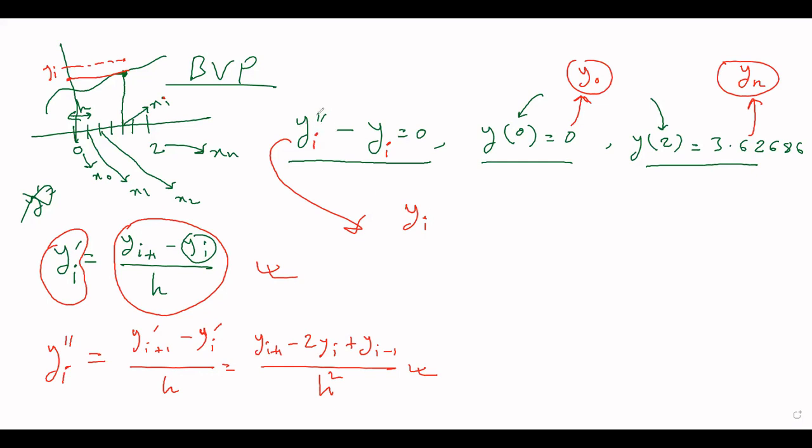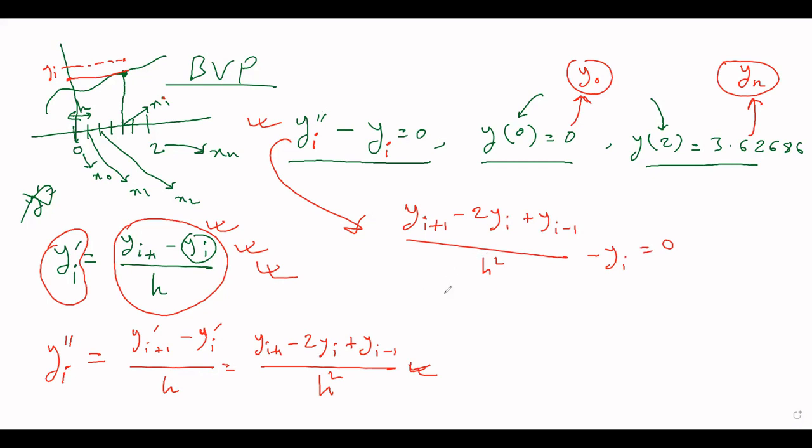If you replace yi double prime by the formula we just wrote, we get (y i plus 1 minus 2yi plus yi minus 1) divided by h squared. There is no yi prime in this particular example, so we do not have to put this. But if you had such a term, you would have to replace it by this expression as well. Minus yi equals 0.